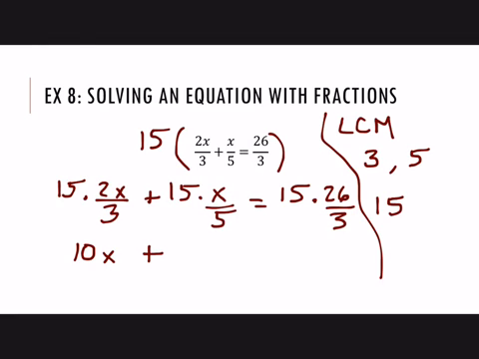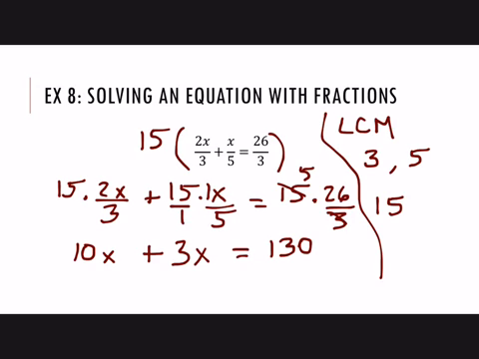And then this is like 15 over 1 times 1/5, and that's 3. And we still have an x. And then here I would do 15 divided by 3 is 5, and 5 times 26 is 130.